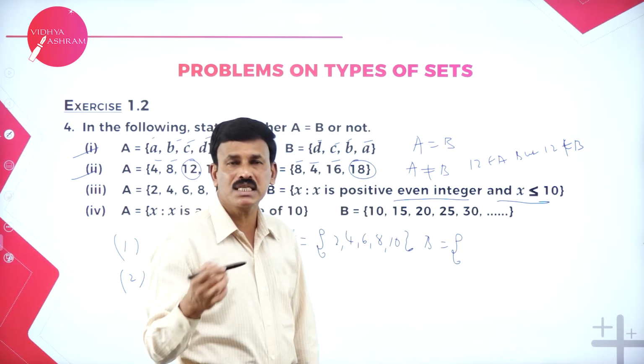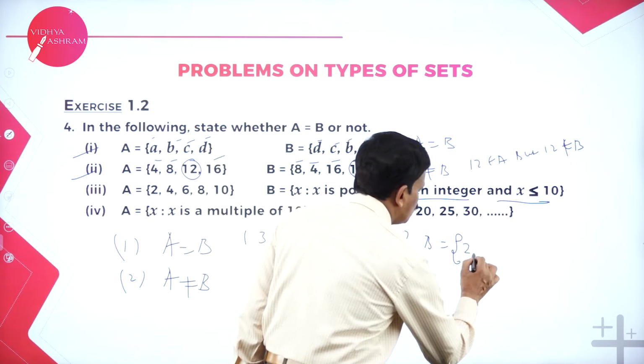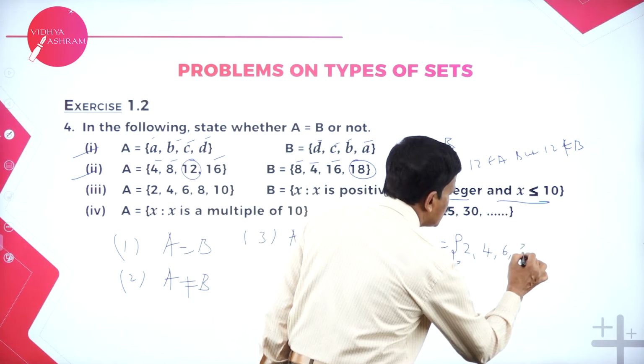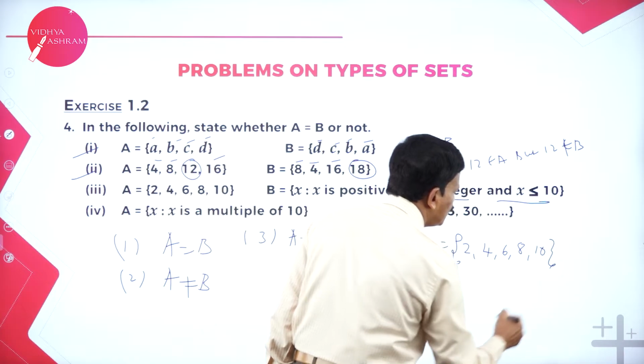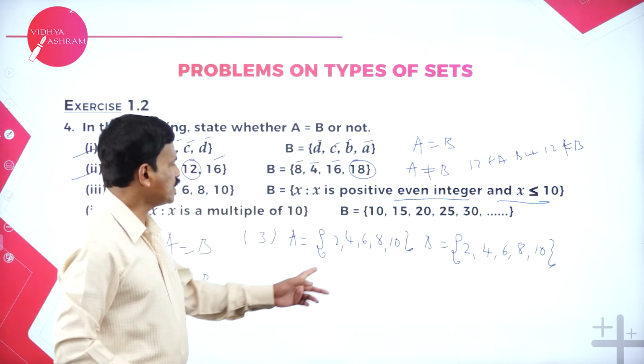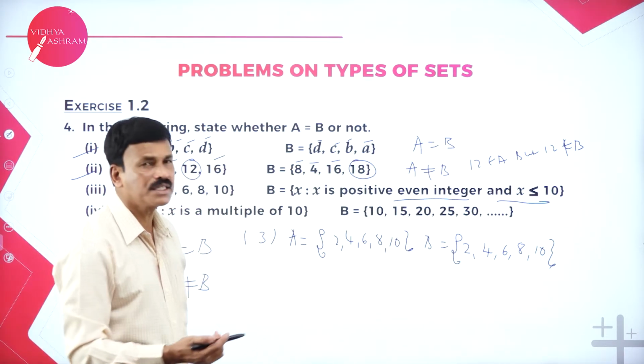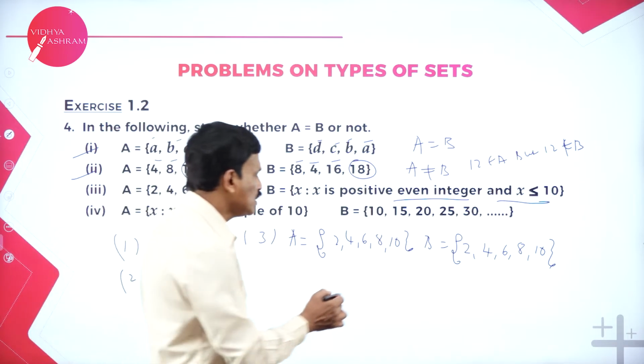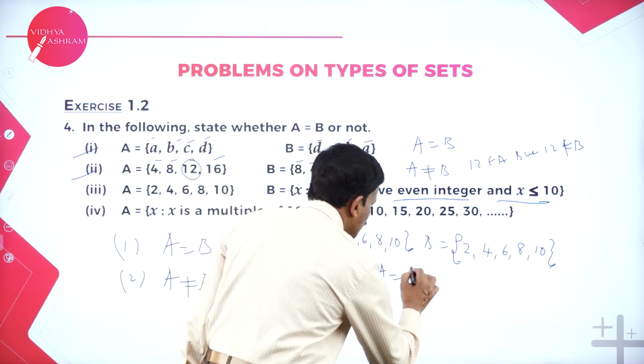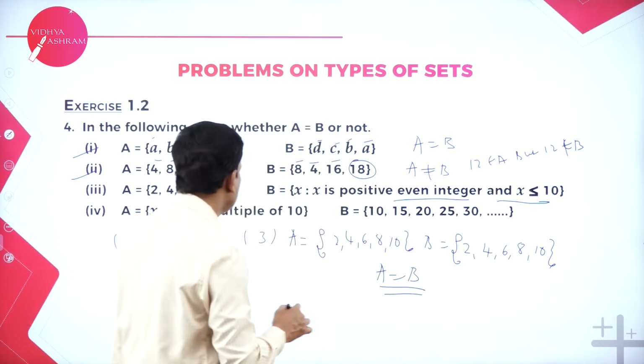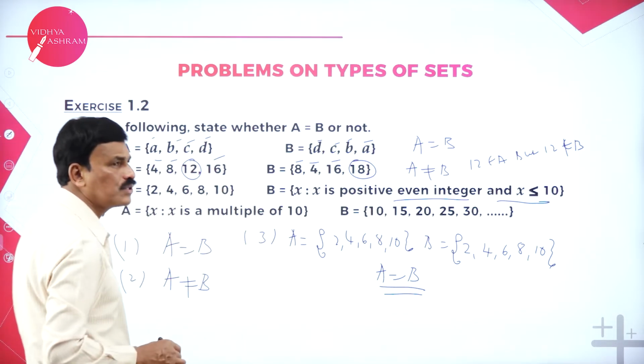Even numbers less than or equal to 10 are 2, 4, 6, 8 and 10. So here A contains 2, 4, 6, 8, 10 and B also contains 2, 4, 6, 8, 10. Therefore, we can say that A and B are equal. So here A is equal to B.